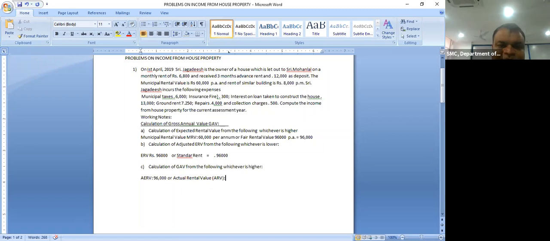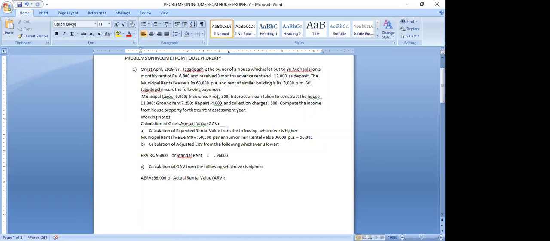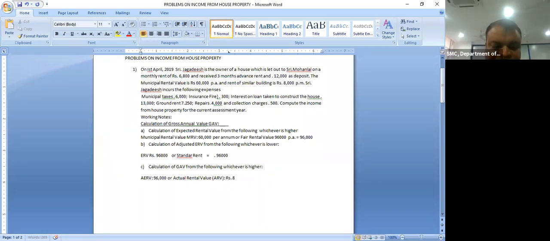Guys, can you quickly do it and tell me, whatever the value, that is going to become the actual rental value. Okay. 81,600 rupees. 81,600.